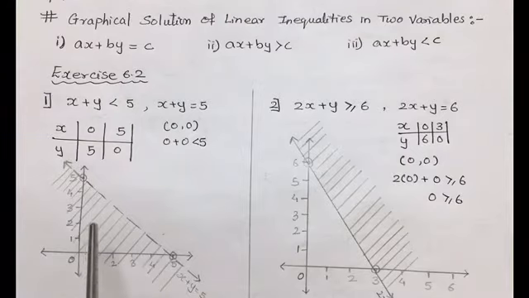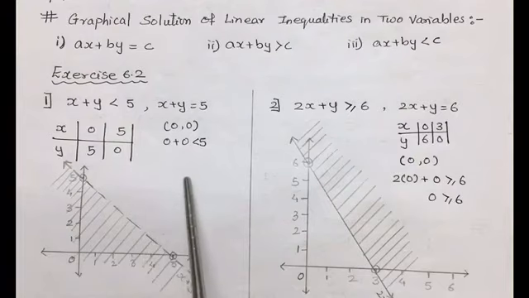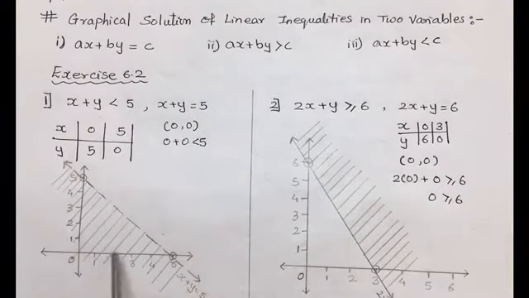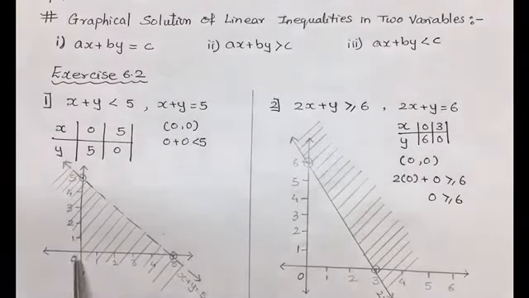now where the solution lies, for that we have to select one of the points either towards the left side of the line or from the right side of the line. But here, as right side points we have not plotted, we will take one of the points from left of the line. Suppose we take 0, 0.